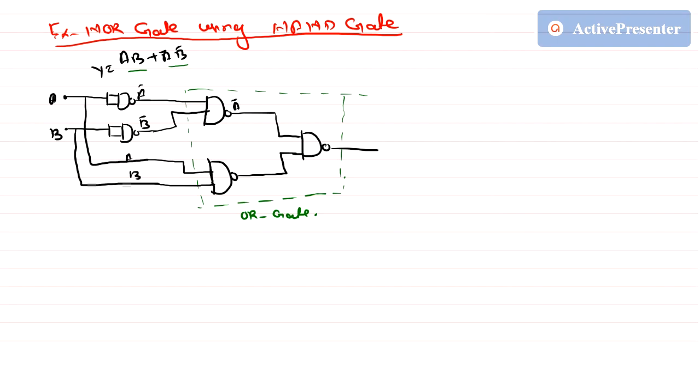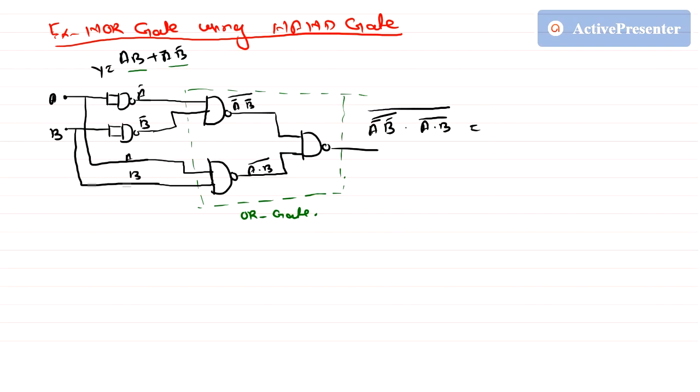A bar B bar whole bar. And what is the output here? A dot B bar. So what is the final output here? A bar B bar whole bar multiplied by A dot B bar, and its whole bar.